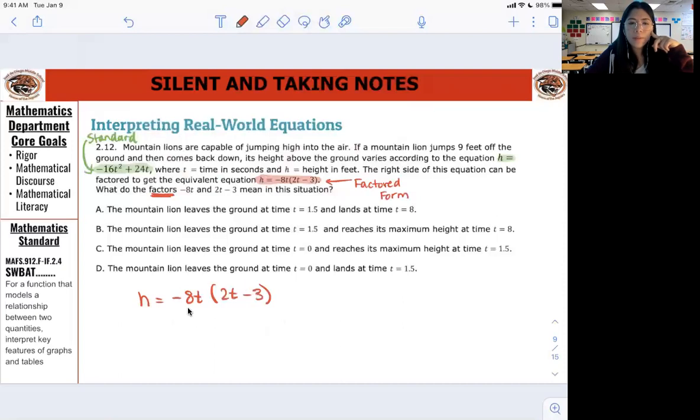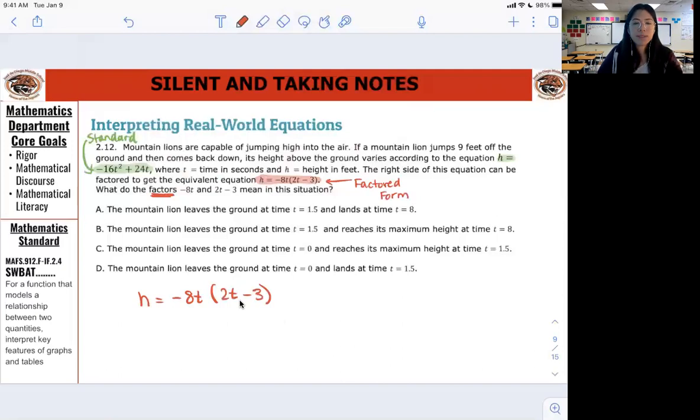What does factored form tell me about a function? It tells you the width and direction. Okay, so this negative 8 tells me the width and direction. And then what do the two factors tell me? The x-intercepts.